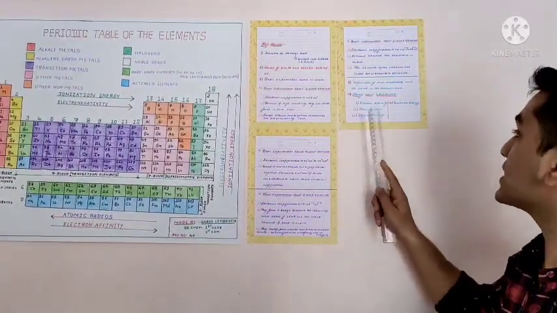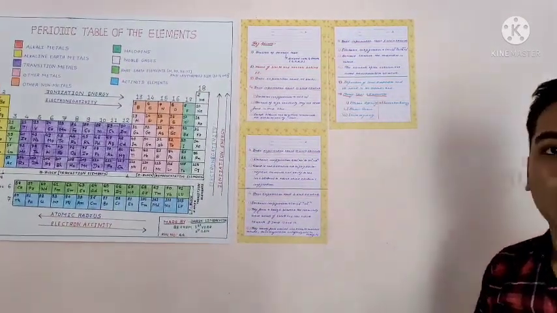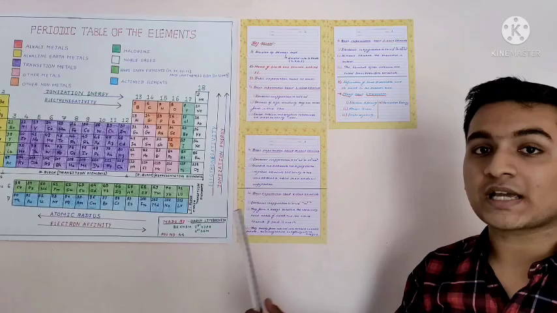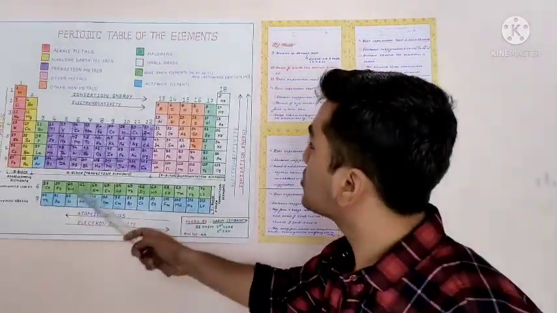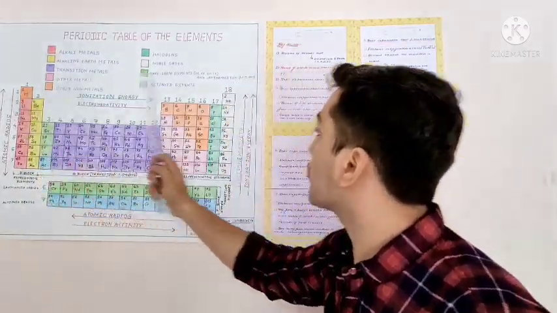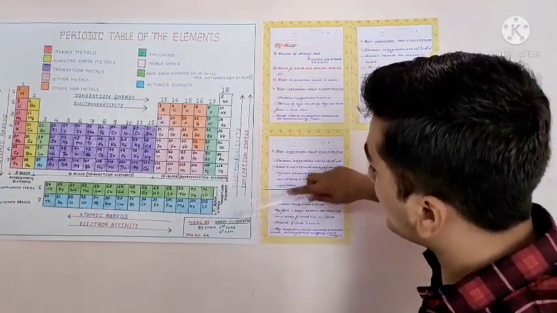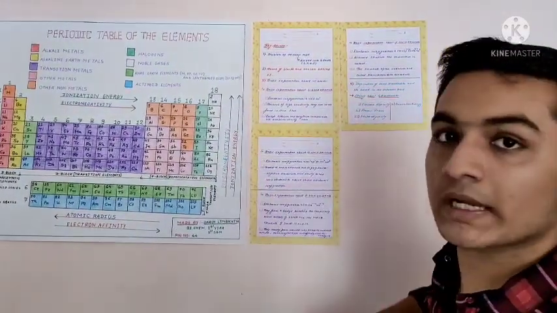The third property is electronegativity. The tendency to attract electrons of another atom is known as electronegativity. The trend is that going left to right in a period and going bottom to top in a group, electronegativity increases.